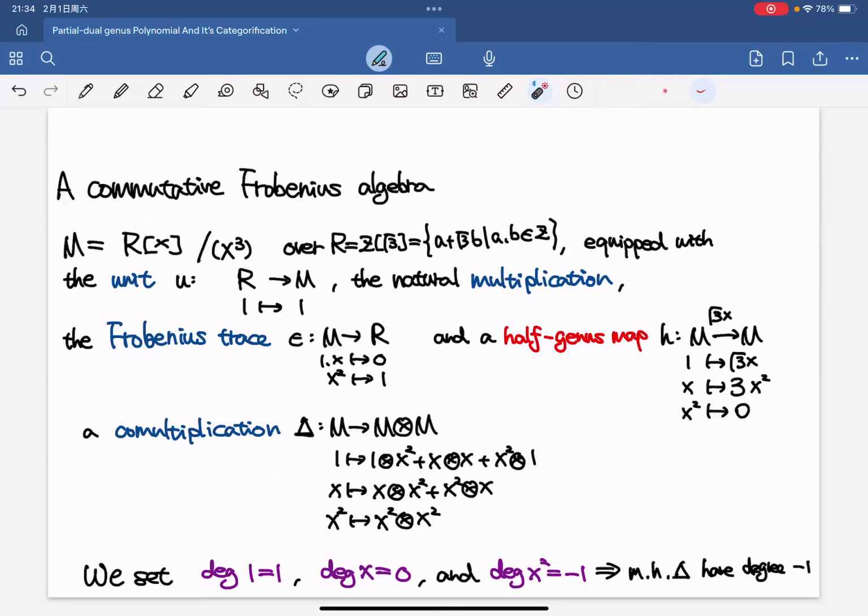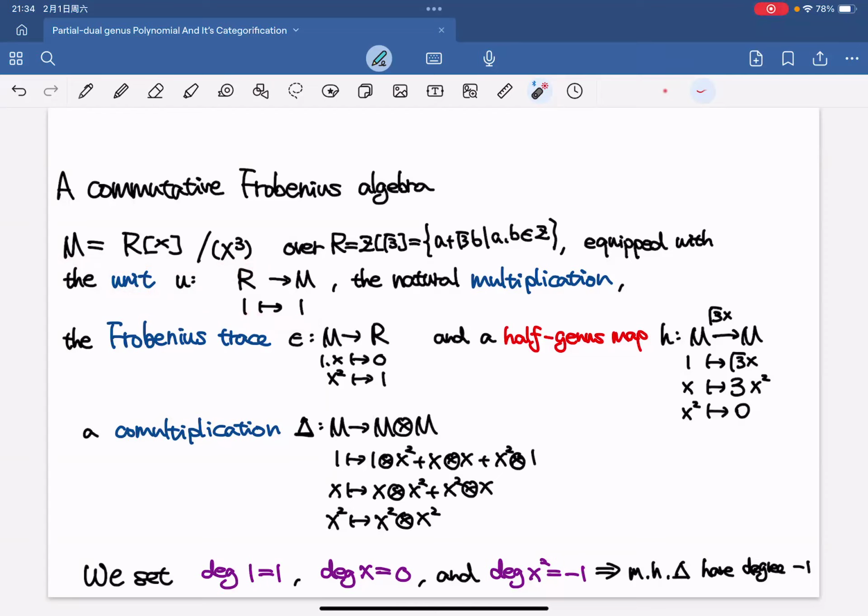First, we need to choose a commutative Frobenius algebra. Here we choose R to be the minimal ring that contains all the integers and root 3, and we use M to denote the R-module. We equip it with the unit map U, which just sends 1 to 1, and the multiplication is just the natural one.